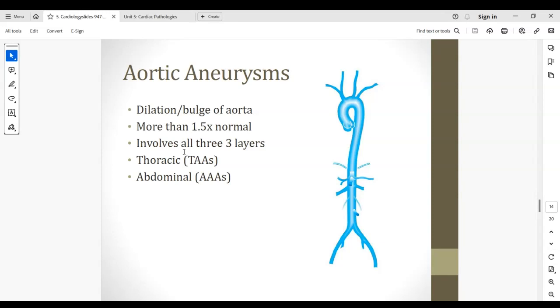And it is a true aneurysm, because sometimes we have false aneurysm and sometimes we have true aneurysm. So this is a true aneurysm. True aneurysm means it involves all three layers of the aorta, which, as we said again, are the intima, the media, and the adventitia. We have two types of aortic aneurysm: thoracic aneurysm, or TAAs, or abdominal aneurysm, which is triple A's.